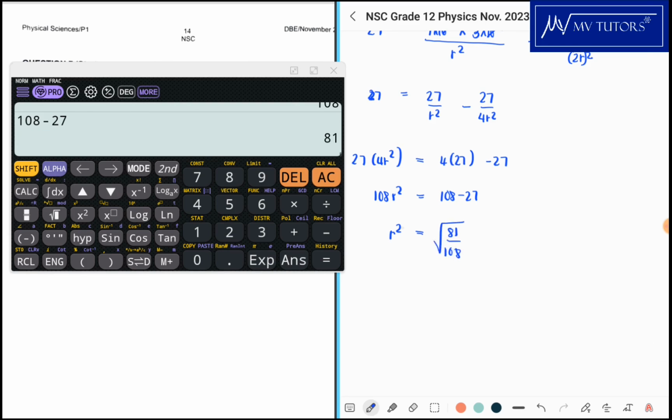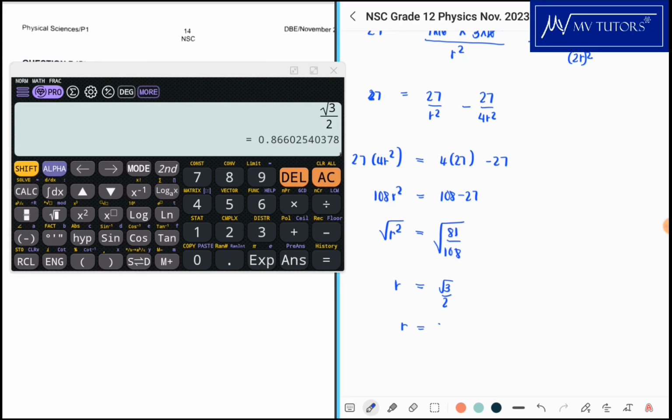I'm going to take the square root of both sides so that I can get what R is. R has to be a positive value. I know when you square root you get either positive or negative, but here we're just taking the positive answer. So now we have root 3 over 2. Let's write it out in decimal form.